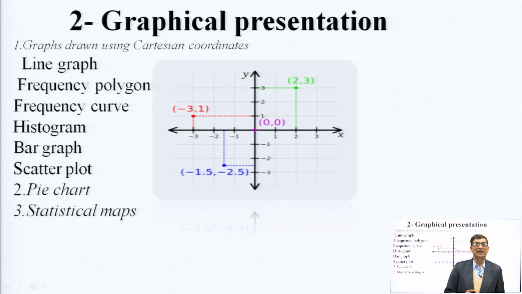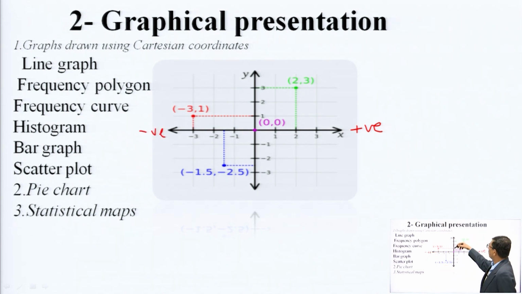Now, next is graphical representation of data. When we present the data in the form of a graph, we take an x axis and a y axis on the graph, and we know in graphical representation, on this side the values of x are positive, and on this side the values of x are negative, and on the upper side the values of y are positive, and on this side they are negative.